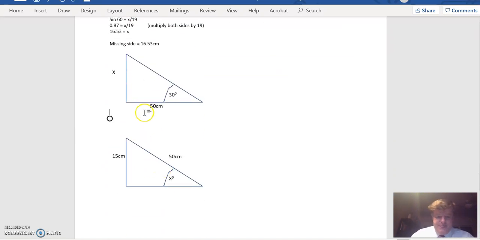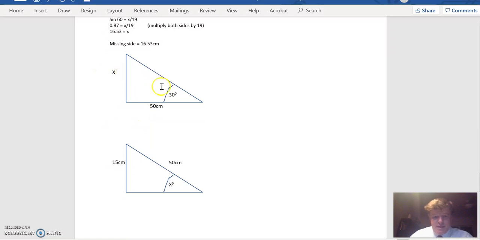The next one. We've got this angle here of 30 degrees. Here's our right angle, so opposite the right angle is the hypotenuse. We're not interested in the hypotenuse this time. We've got the side opposite and the side adjacent, or next to. So let's think of our rules. Sine is opposite over hypotenuse.